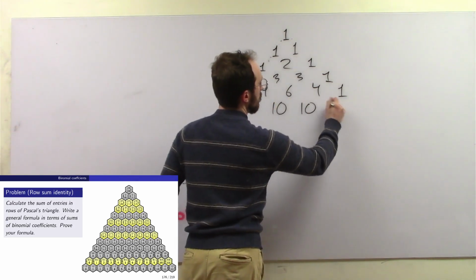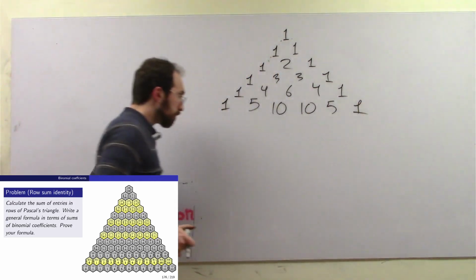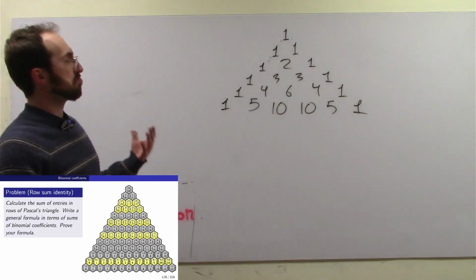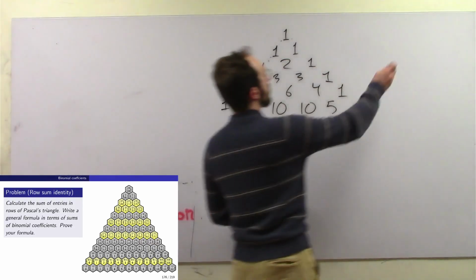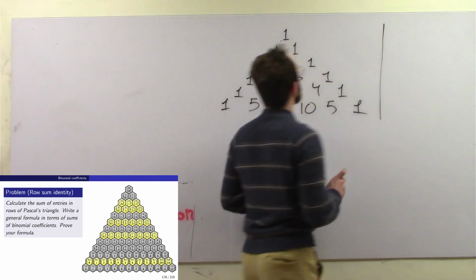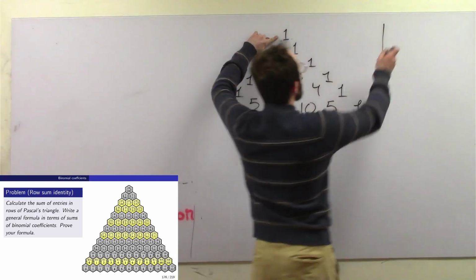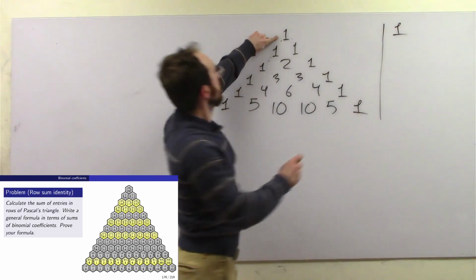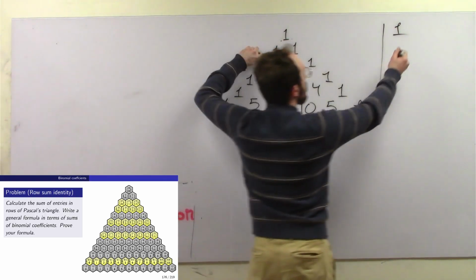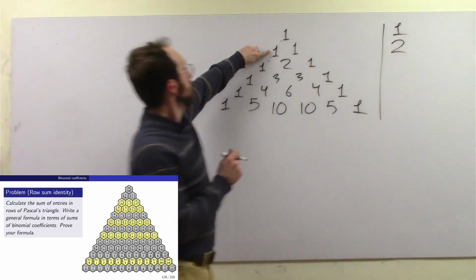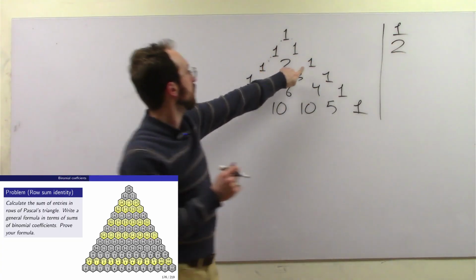There we go. Okay. So what happens if we sum our rows? Let's add them all up and see what we get. 1 plus nothing. That's 1. 1 plus 1. That's a 2. 1 plus 2 plus 1.